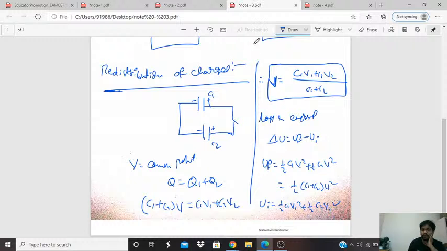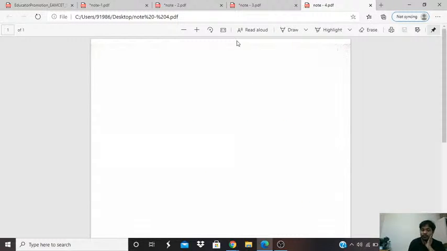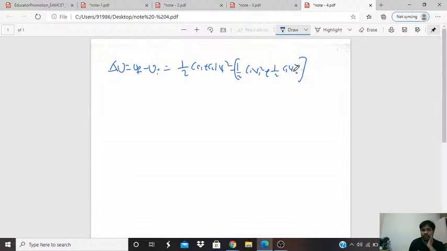So now, what is the change? Therefore, delta U equal what? Final minus initial. Half into C1 plus C2 into V square minus half C1 V1 square plus half C2 V2 square. So, you can solve this. You will get 1 by 2 C1 C2 by C1 plus C2 into V1 minus V2 whole square.